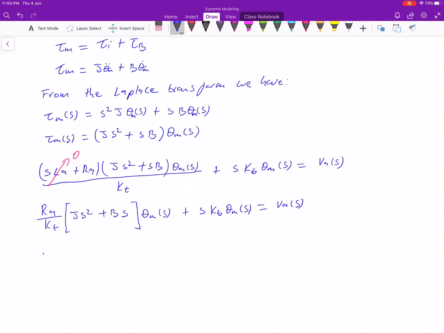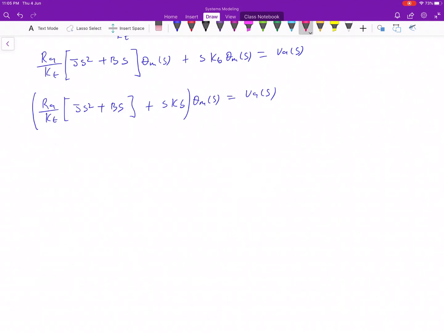So we have RA over KT times J s squared plus B s plus s KB times theta M of s is equal to the applied voltage.